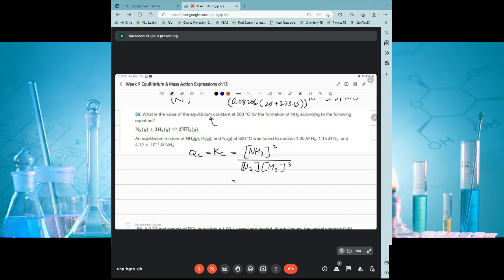And for NH3, we have the 4.12 times 10 to the negative 1, and that's raised to the power of 2, divided by the N2 molarity multiplied by the H2, which is the 1.35, and that's going to be cubed.